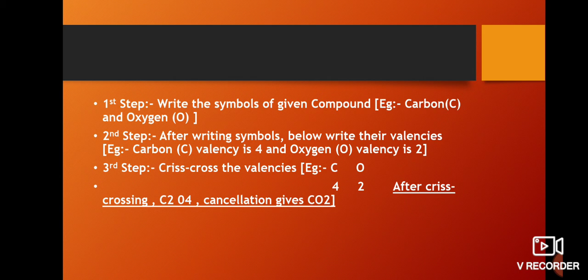We have to cancel the same valencies. And for acid we write the cation and anion as usual, and the exceptional case is acetate. Whenever we find acetate in any compound, we write the anion and then the cation. Please make a note of this point.